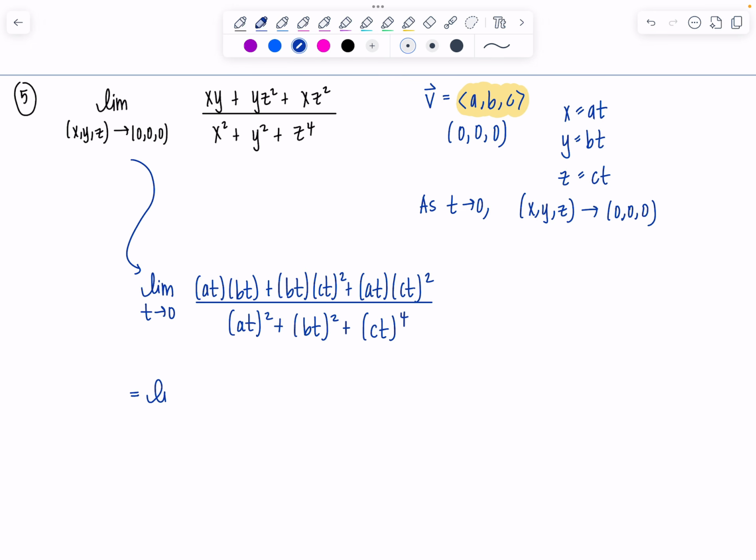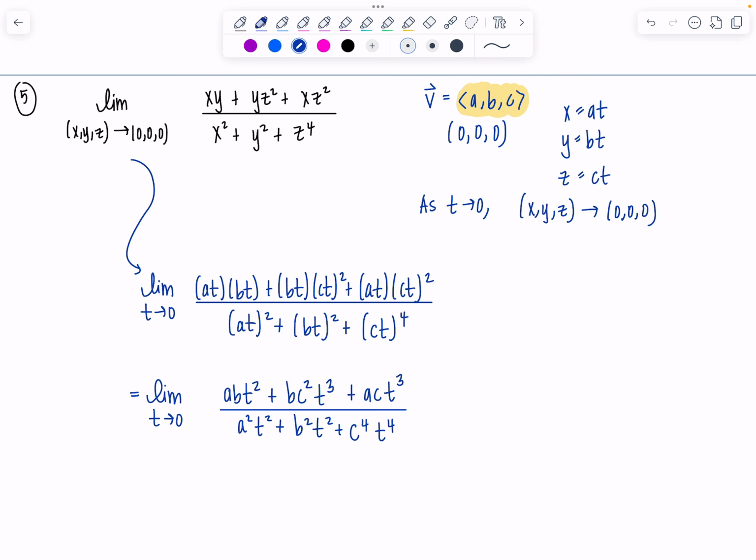Okay, then we clean up. So the limit as t goes to 0 of ab t squared plus bc squared t cubed, yes, plus ac squared t cubed over a squared t squared plus b squared t squared plus c to the 4th t to the 4th.